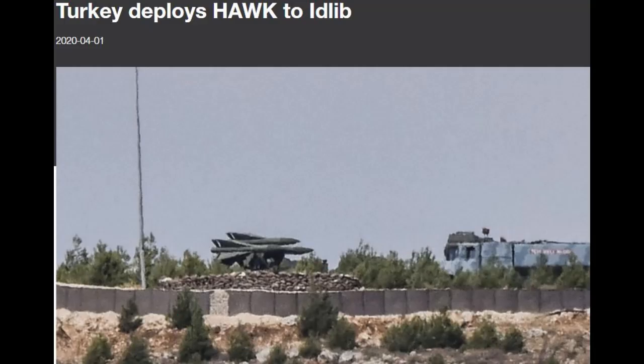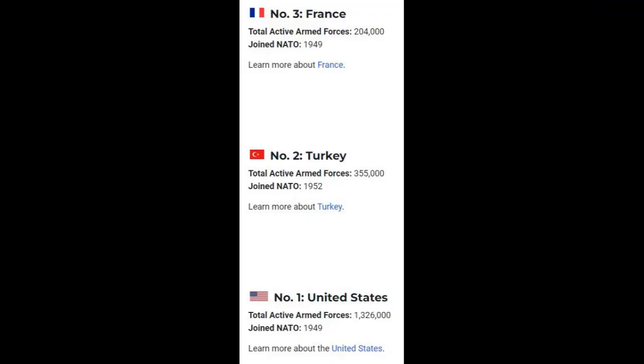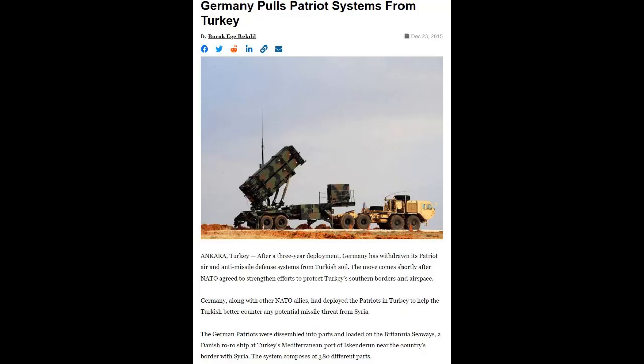Yeah, so Turkey had a big issue with surface-to-air missile defense systems because they were stuck with the Hawk defense system, which is a very old American one, and they wanted a new defense system because they're the second biggest army in NATO. They were so desperate that they were letting Patriot systems of other countries operate in Turkey just so that they could defend their airspace.